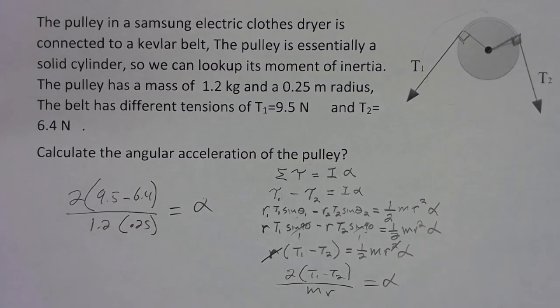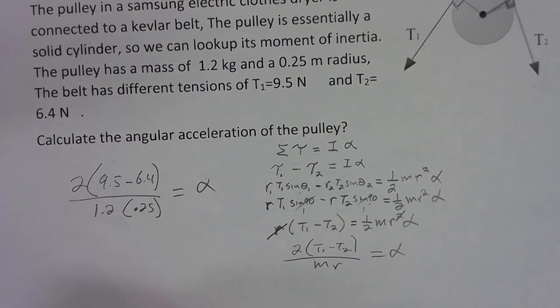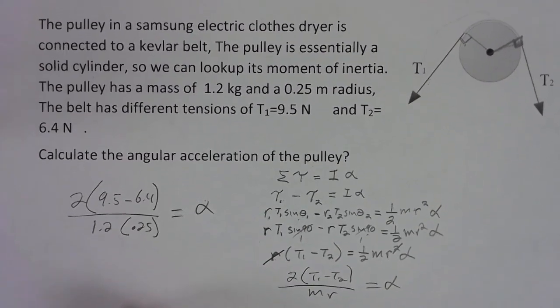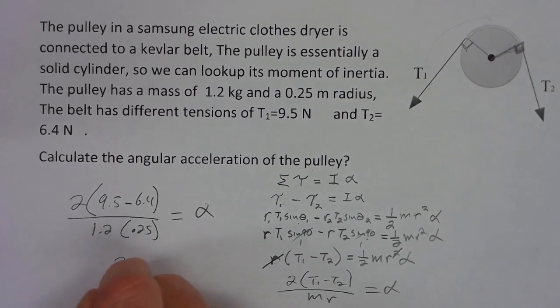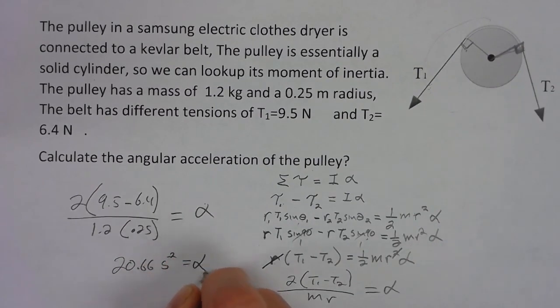Plug those into your calculator and crank it out. 2 times quantity 9.5... We get 20.66. Whoop, bump the camera. Sorry about that. So 20.66 radians per second squared is equal to alpha.